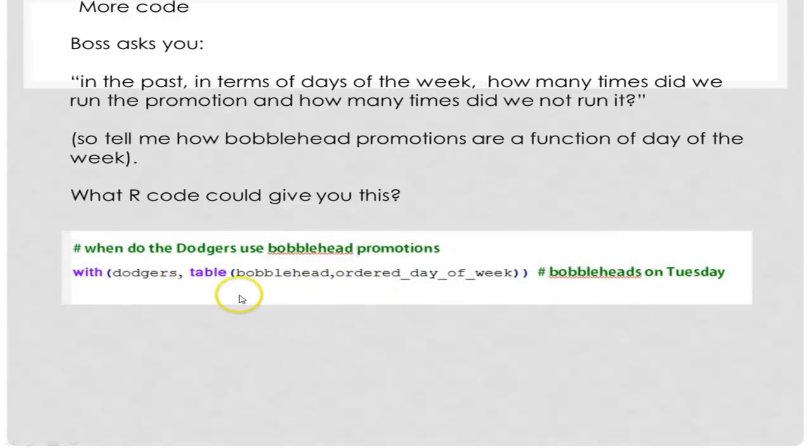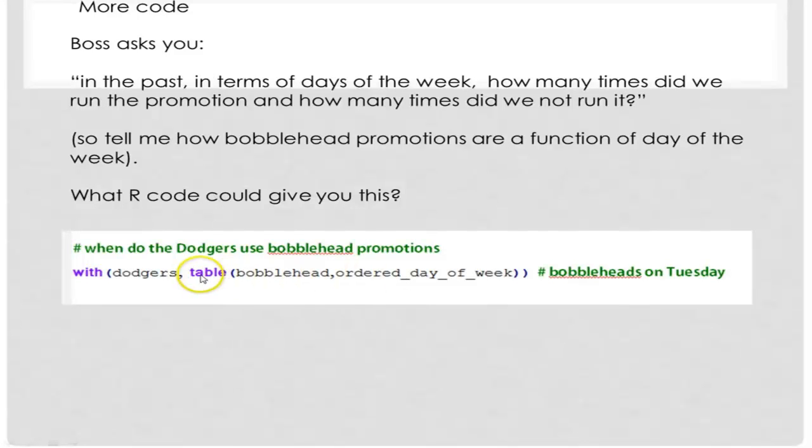And just to review, I reviewed this at the beginning of last class as well. The table function, right? Maybe the third time that we do it, it might sink in. So what does the table function do? In this case, what is this going to do? Remember, it's going to print out a table of this variable versus this variable, and each cell of that table is going to be the counts.